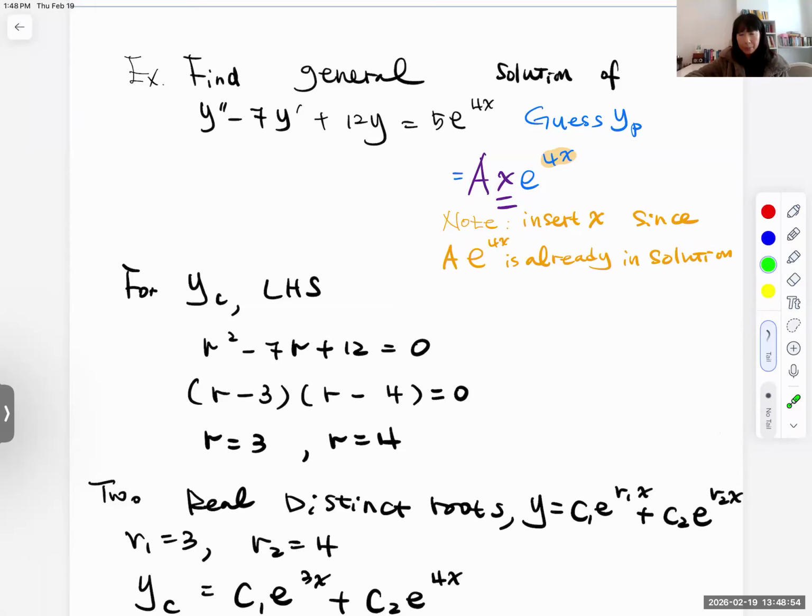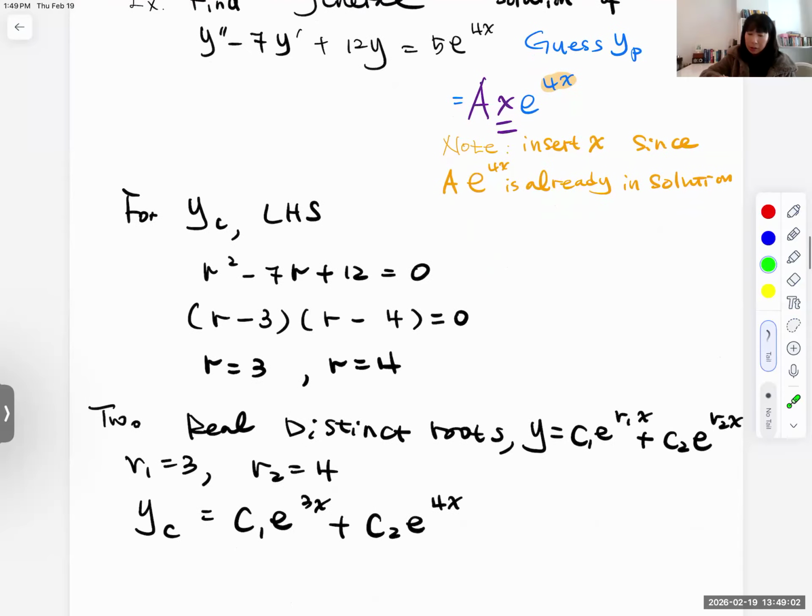Make sense to you? This is what I talked about earlier, okay? All right, now we had a complementary solution. So let's find the particular solution here, right? Okay.